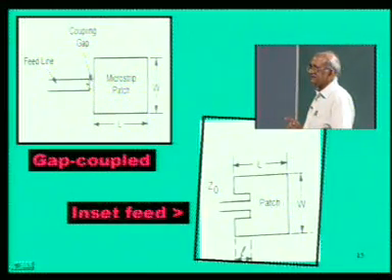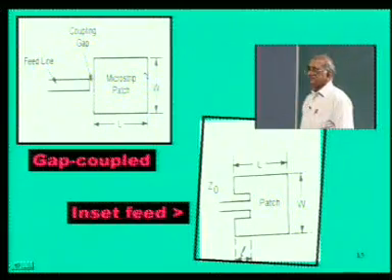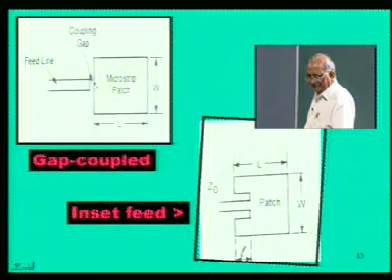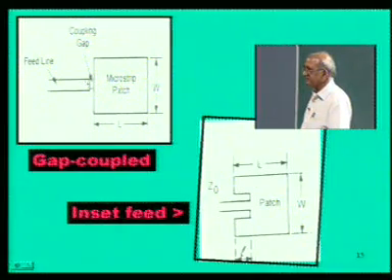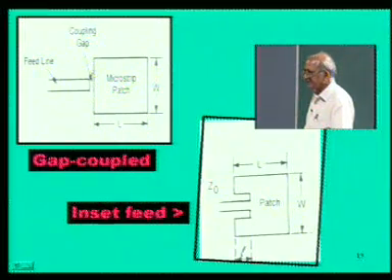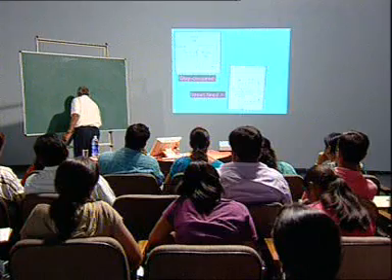In that case, the corresponding RF capacitance will be high, and the more power transfer will take place from here to here. Okay. People have gone to the extent that in order to increase the gap capacitance over here, one can increase the width of the feed line, even going up to the whole patch.